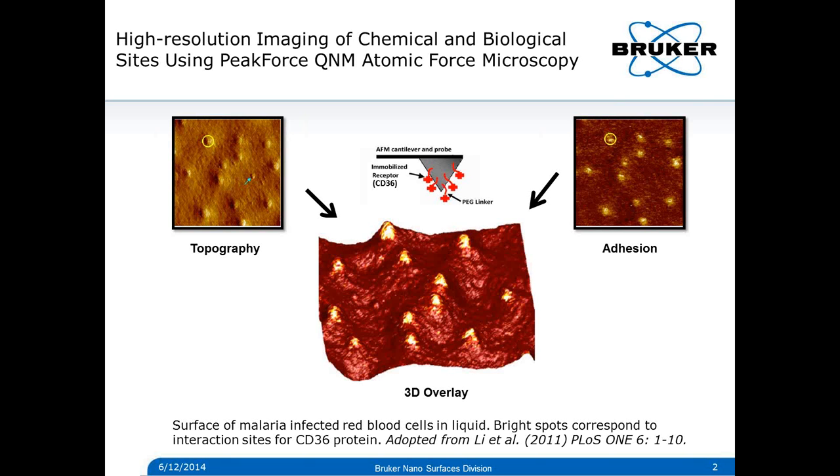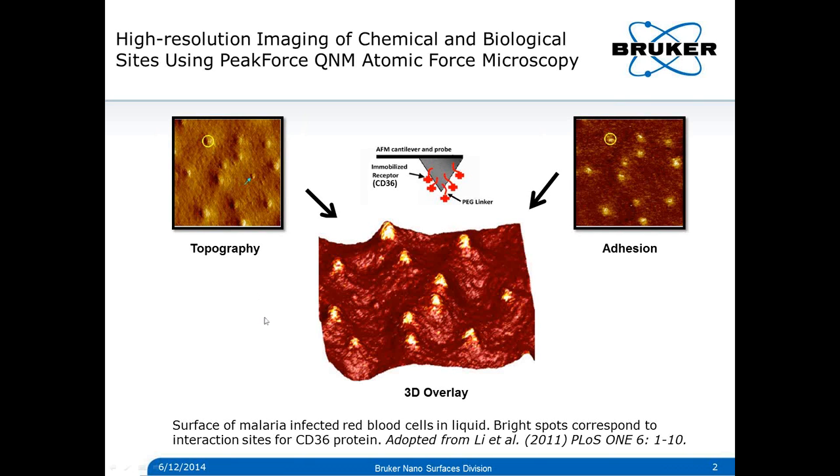On this slide, you can see the surface of live, malaria-infected human red blood cells that possess knob-like structures on their surface. These knobs seem to play a crucial role in the attachment of the infected cells inside the blood vessels. Scanning these cells with a probe chemically functionalized with receptor molecules similar to those present on the endothelial cells lining our blood vessels leads to a positive signal on the adhesion map.